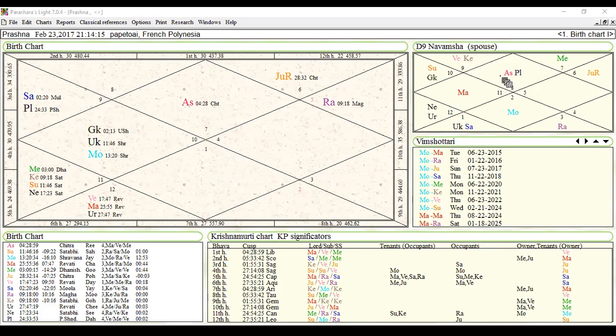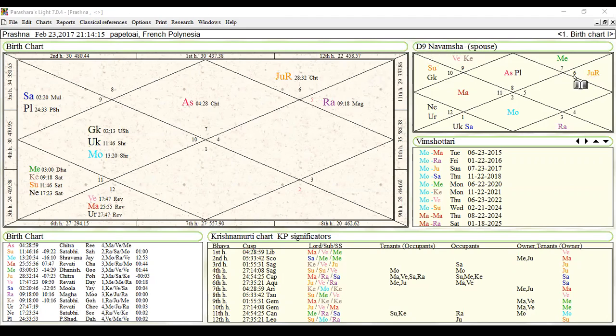For example, is there an example here of a planet that occupies the same sign in the main chart? So look at this Jupiter. Yes, we do. We have Jupiter in the sign Virgo. Look at it in the D9. Jupiter in the sign Virgo. This is called Varga Uttama or Vargotama.